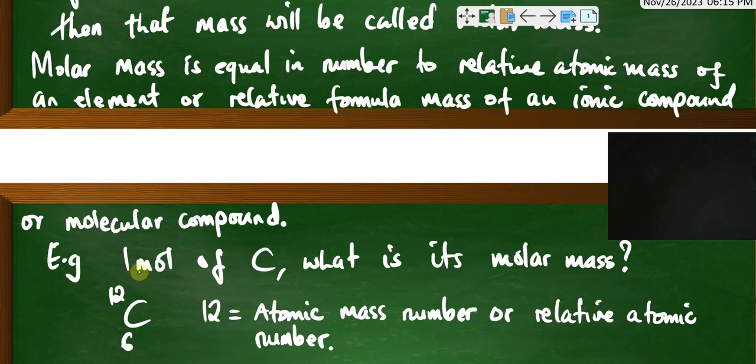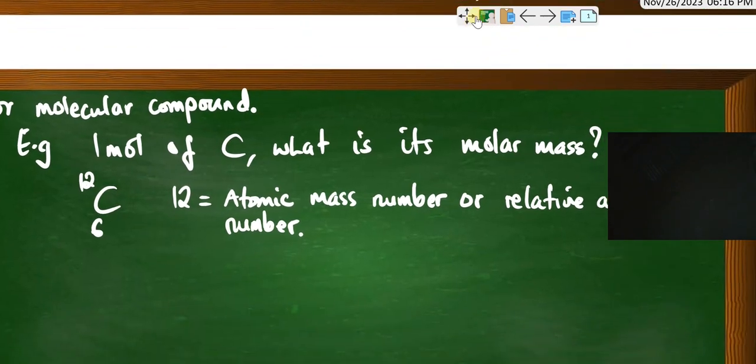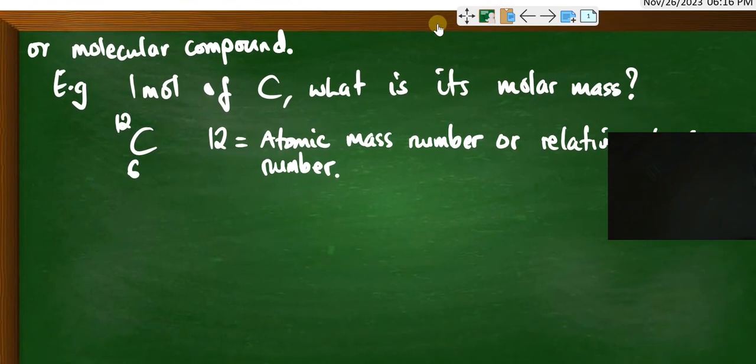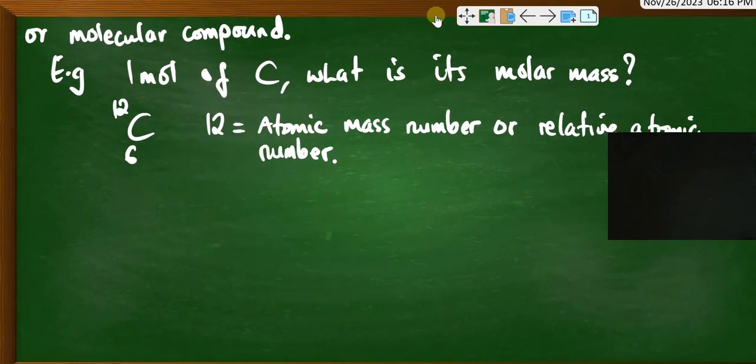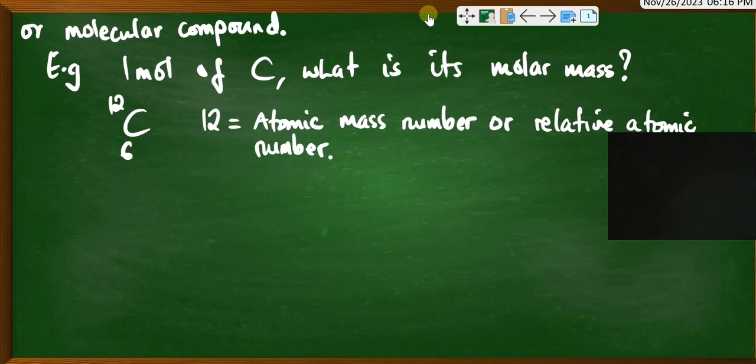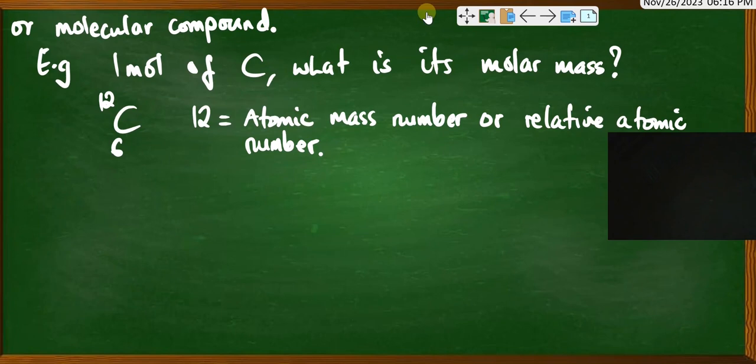It means if I have one mole of carbon, its molar mass will be equal to this 12 here.